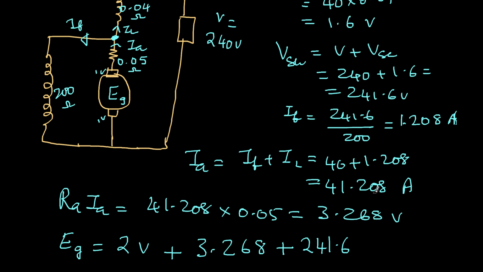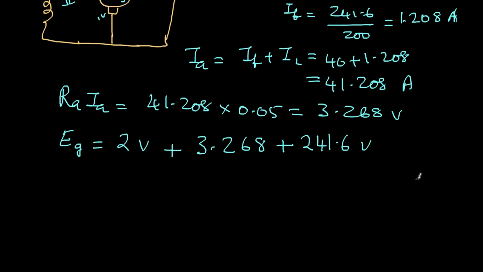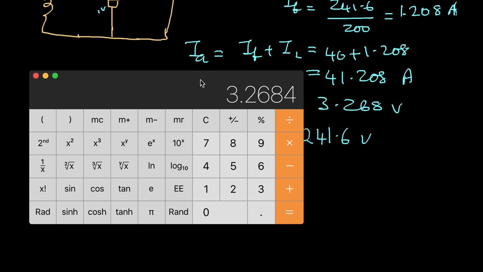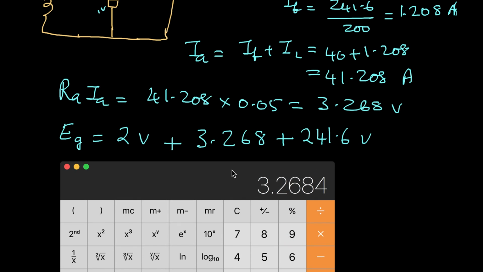This is again just a simple application of Kirchhoff's voltage law. So let me do this addition: 3.268 plus 2 plus 241.6 is 246.868. I'll just round it off to 246.87.